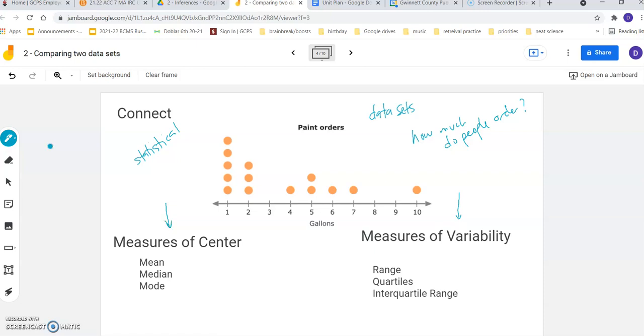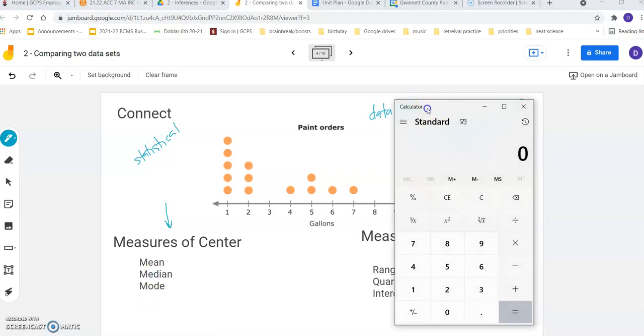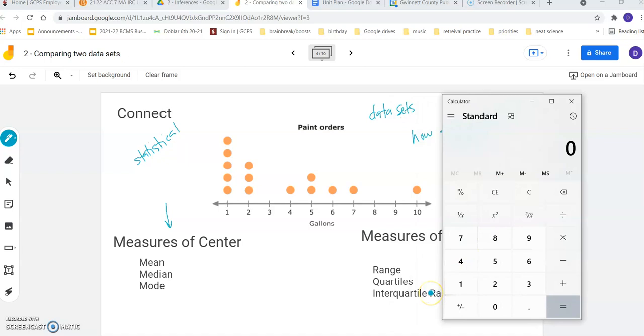So to find the mean, you add up all the different answers to the question and divide by how many there were. So in this particular case, the mean for the amount of paint is 1 plus 1 plus 1 plus 1 plus 1 for the ones, that's 5, plus 3 twos, 2 plus 2 plus 2, plus 1 4, plus 2 5s, plus a 6, plus a 7, plus a 10.